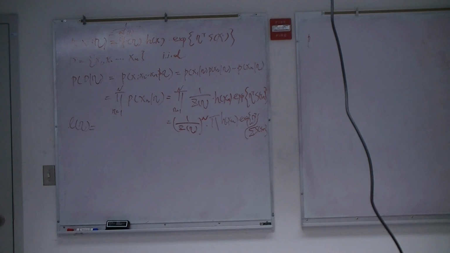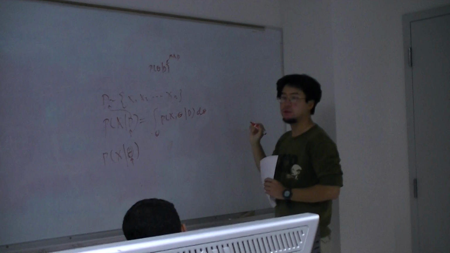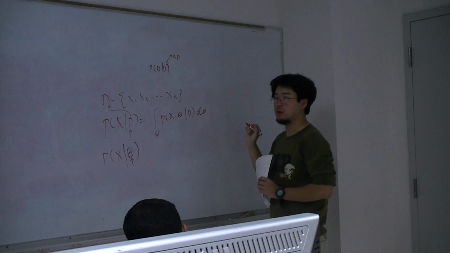So you mean it doesn't estimate the count, it just estimates the future values? It estimates, but this can be written as p(x | theta or d), integrate over theta. Yeah, that part I agree.